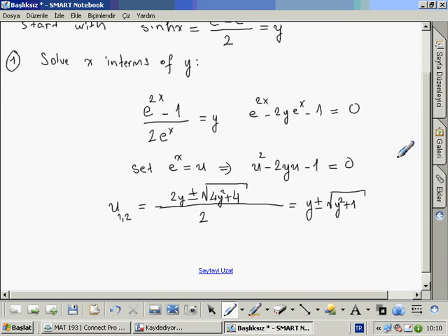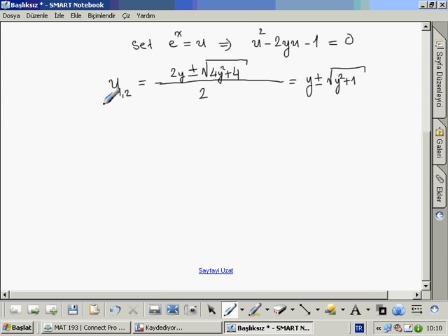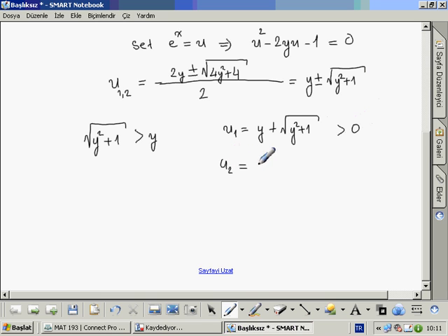We know that the square root of y squared plus 1 is larger than y, so u1 equals y plus the square root of y squared plus 1, and it's larger than 0, and u2 equals y minus the square root of y squared plus 1, it's less than 0.